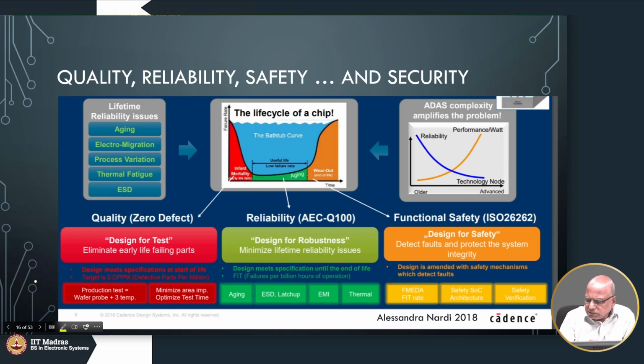So here is a nice picture that I got from Alessandra Nardi. This person works at Cadence, and has made a good slide to explain all these things. This is a bathtub curve. I mentioned this before.